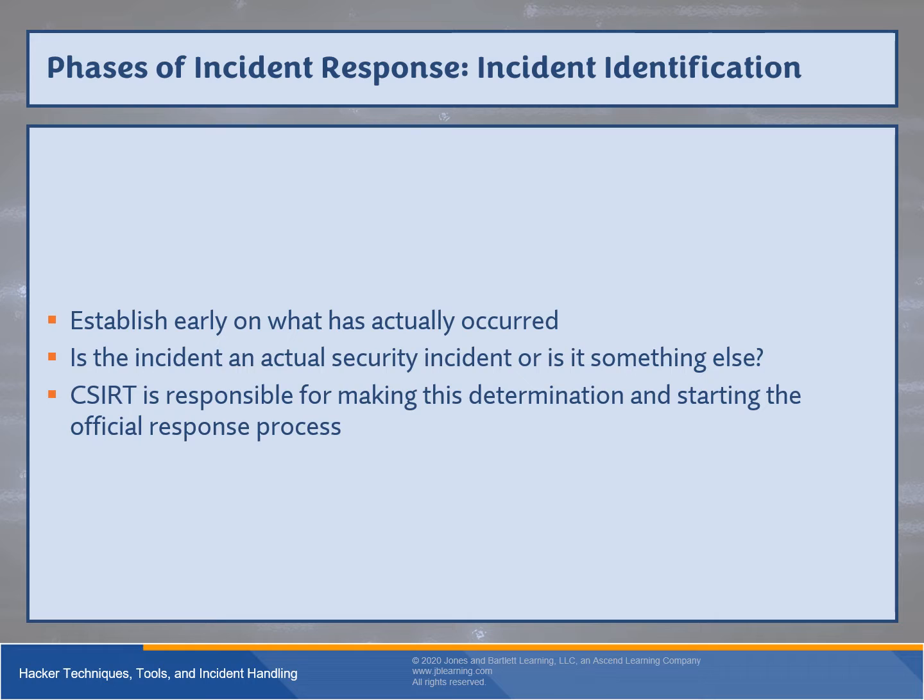We just need to go ahead and reboot this. The SIEM pulled a false positive or something similar. The CSIRT is responsible for making this determination because they are trained and usually certified in certain capacities to be able to figure out what is or is not a security incident. If it is identifiably an incident, we can then go ahead and begin the official response process, start the documentation, and start the remediation as well, being able to keep the process from getting worse.